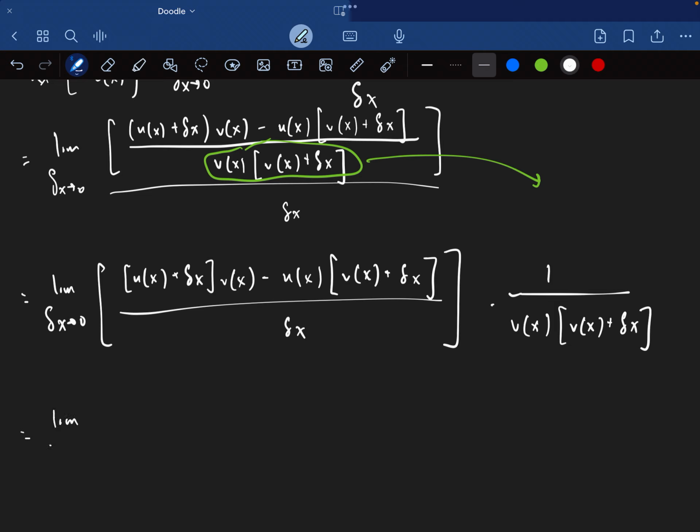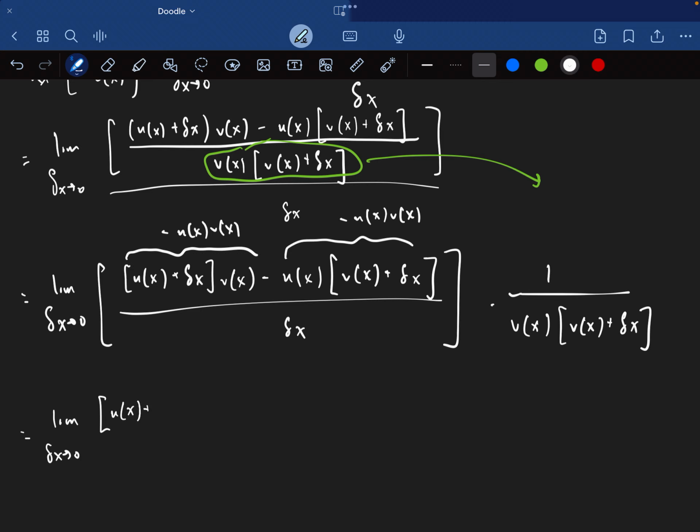So what I would do is I would actually subtract u(x) v(x) from each of these terms. So this actually becomes like this. And we can separate this into two fractions, so it looks more digestible.